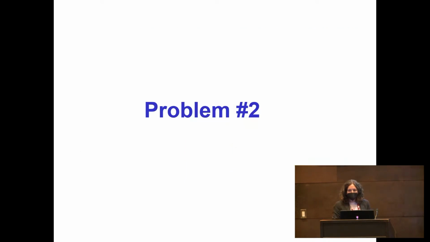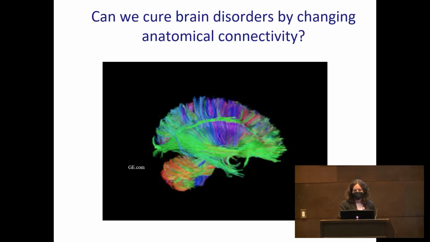The next problem, we get all the way to humans. So, problem number 2. Can we cure brain disorders by changing anatomical connectivity? I'm betting Dr. Opitz has a lot to say about this, and you'll hear from him later. But there are a number of treatments for brain disorders, whether neurological or psychological, that rely on changing anatomical connectivity.